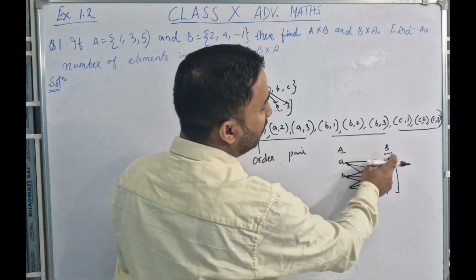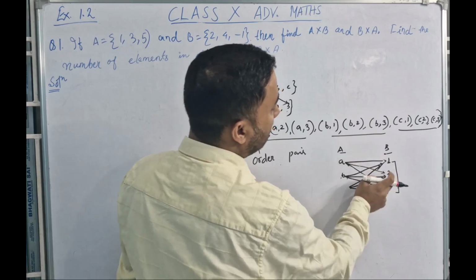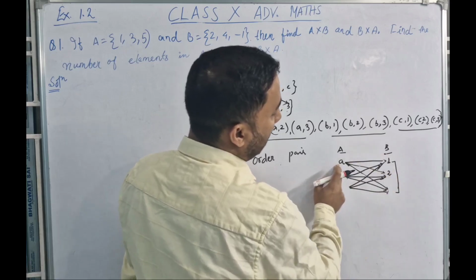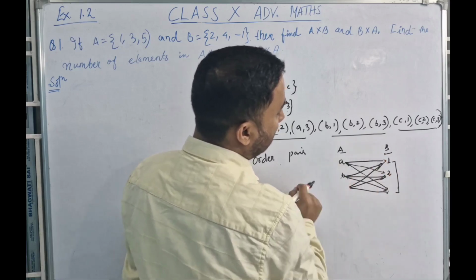For A we will be getting 2 ordered pairs, A1, A2, since 3 is not there. After A then we have B, so B1, B2.